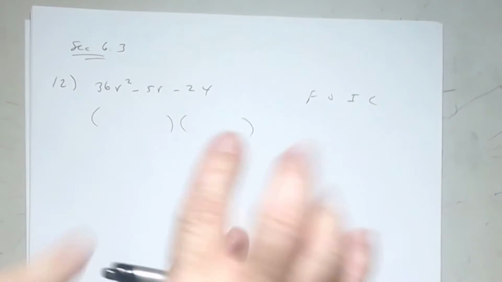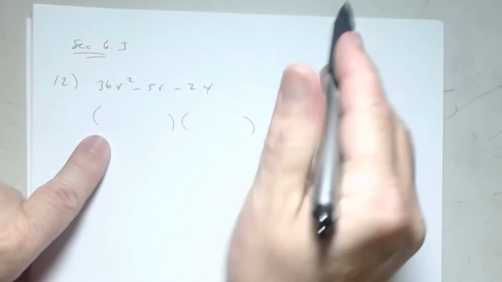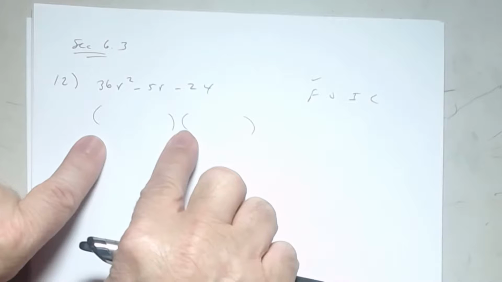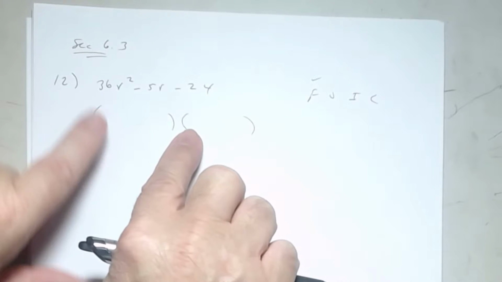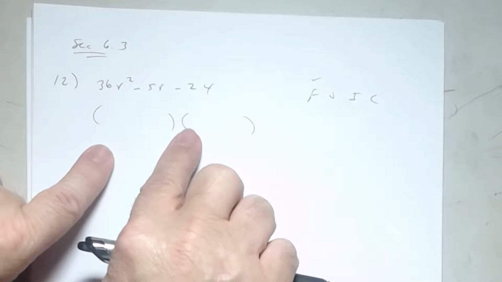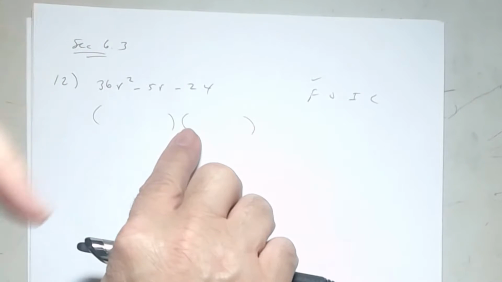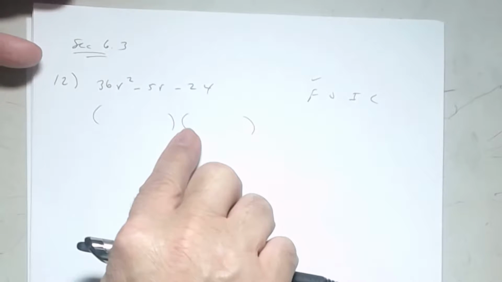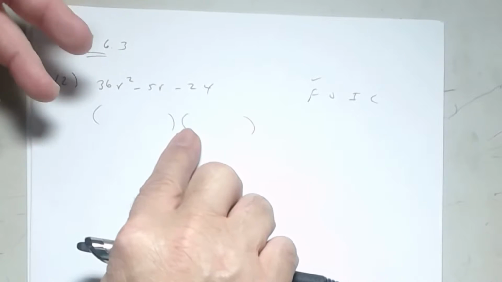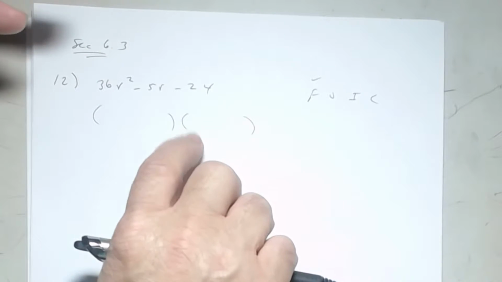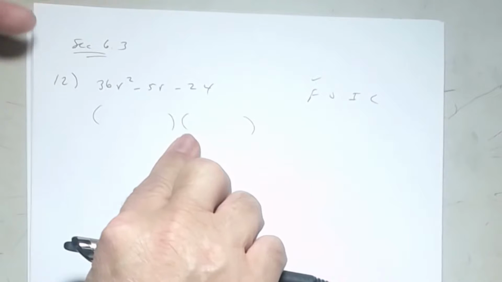You do the F first: two terms whose product is 36r squared. You want to try 6r times 6r. There's also 18 times 2, and 9 times 4.